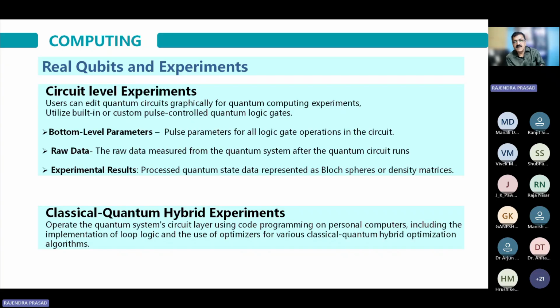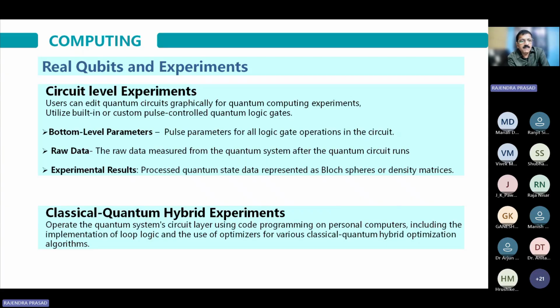You are creating the same thing. Qubit 1, add a Hadamard gate. Qubit 2, add a CNOT gate. Like that, you will write the same program in Python and execute it. The advantage being you can write a program elsewhere and then share it. You need not have access to the GUI of the system. So these are all the things we can do.